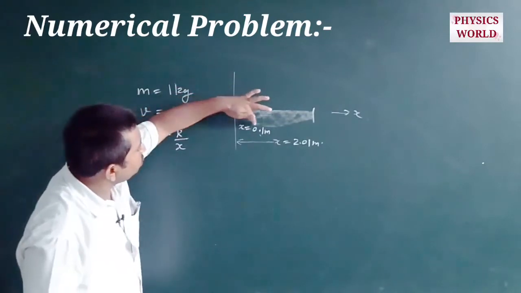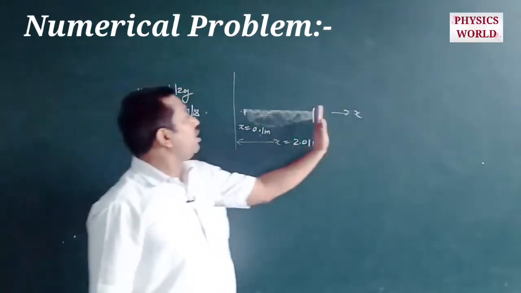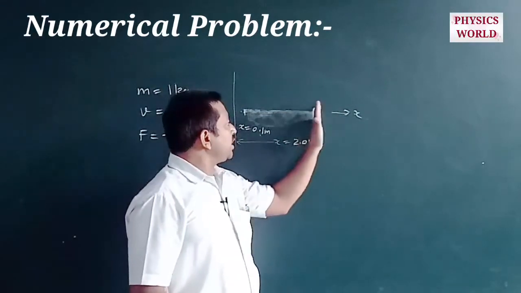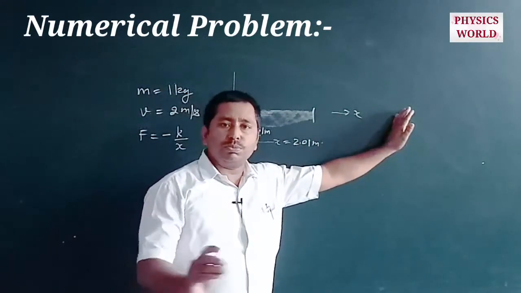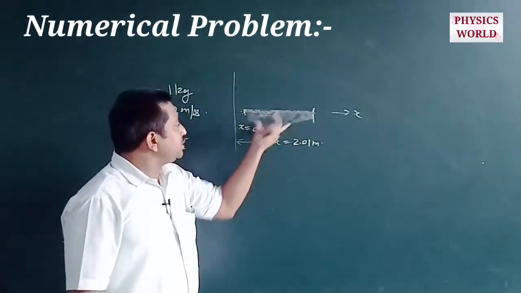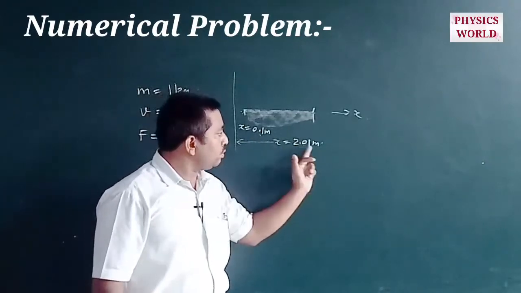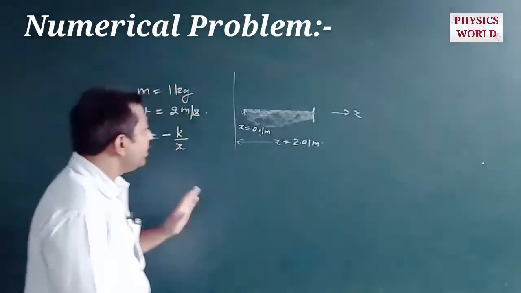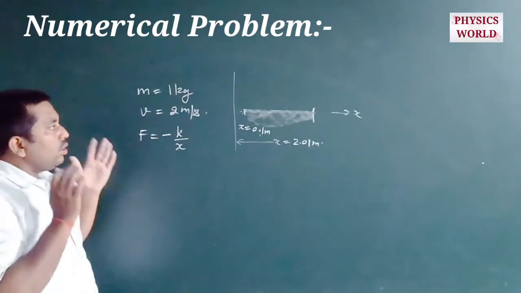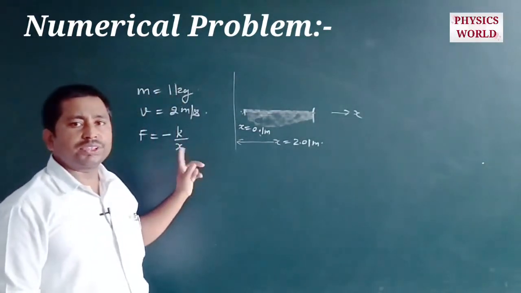Before x equal to 0.1 meter there is a smooth and frictionless surface, and after 2.01 meter the surface is also smooth, but there is a rough surface between x equal to 0.1 meter and x equal to 2.01 meter.